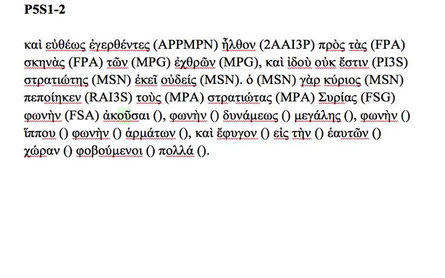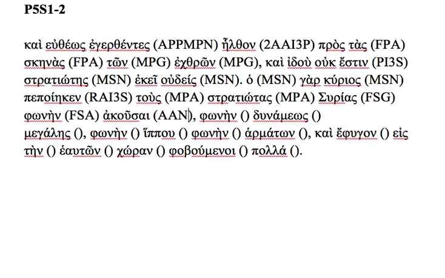So you recognize akou here from akouo, the verb I hear. And then the sai ending, you hopefully should recognize it as the aorist active infinitive ending. And that's exactly what we have here, aorist active infinitive. Again, phonen is feminine singular accusative. Dunameos comes from another one of our third declension nouns.